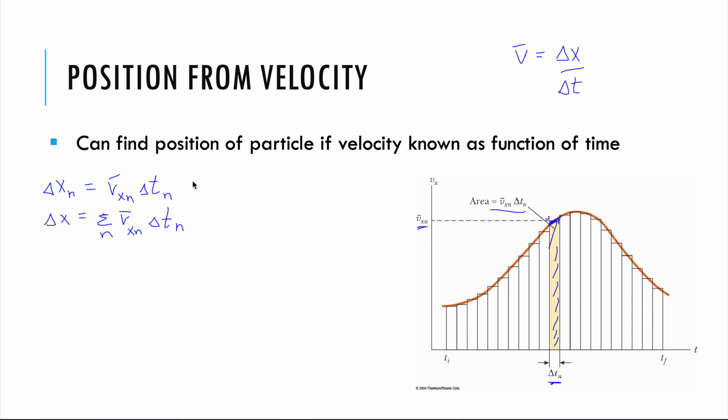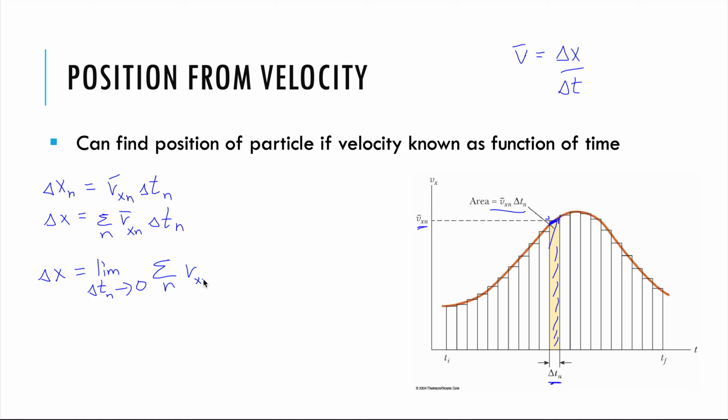And now to get a more exact approximation, we really want the delta t n to approach 0. So this is more of an approximation here, but to get a more exact area, we want to take the limit as delta t n approaches 0 of this sum.